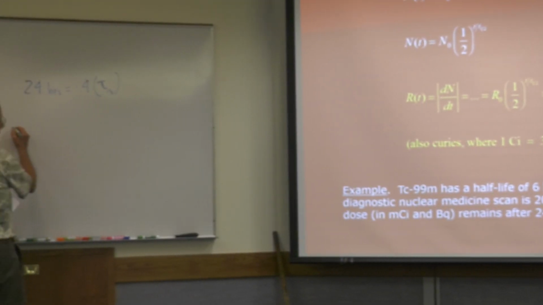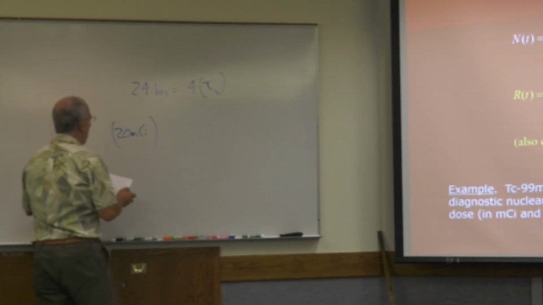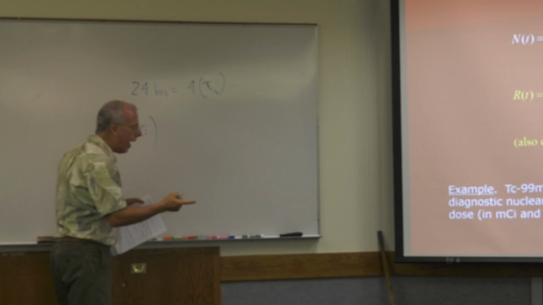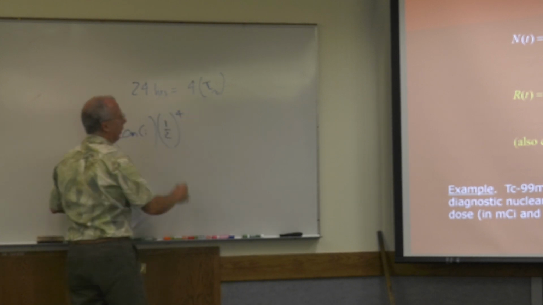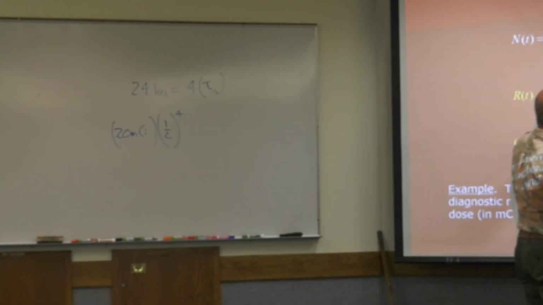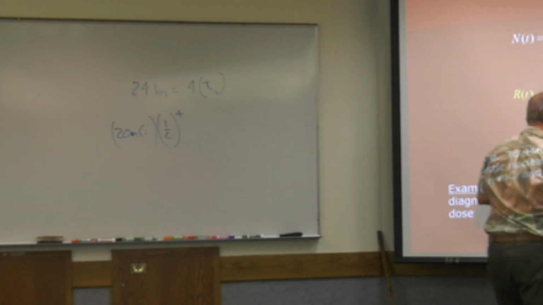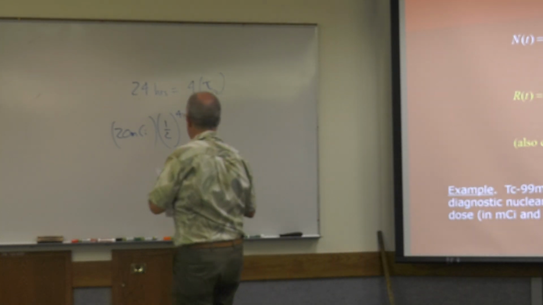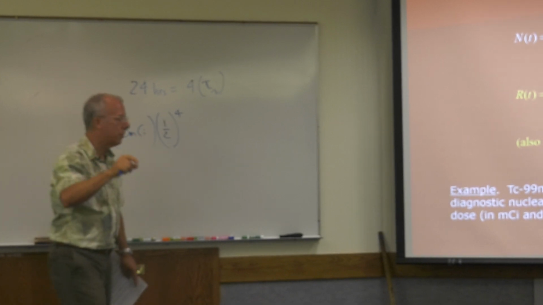So how much is going to be left after the 24 hours? Well, we start off with the 20 millicuries, and then 4 half-lives. So 1/2 to the 4th power, right? So this is what we start off with, 20 millicuries, and it's 1/2, and this is 4. So what's 1/2 to the 4th? 2 times 2 is 4, times 2 is 8, times 2 is 16.